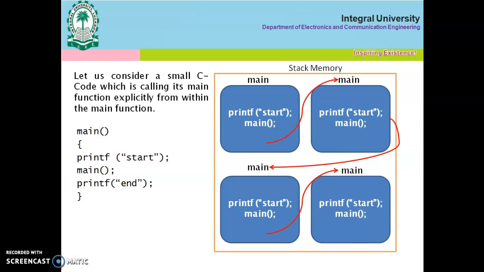Here it will give you a runtime error, or out of memory. Your program will terminate abnormally because sufficient memory is not there in the stack to continue execution of your program, so that is a problem.